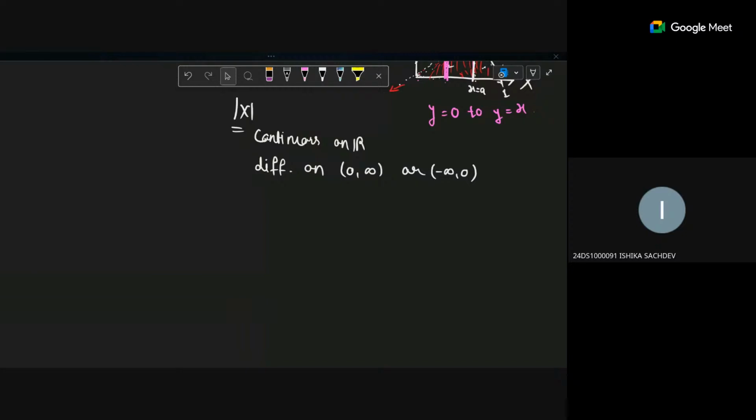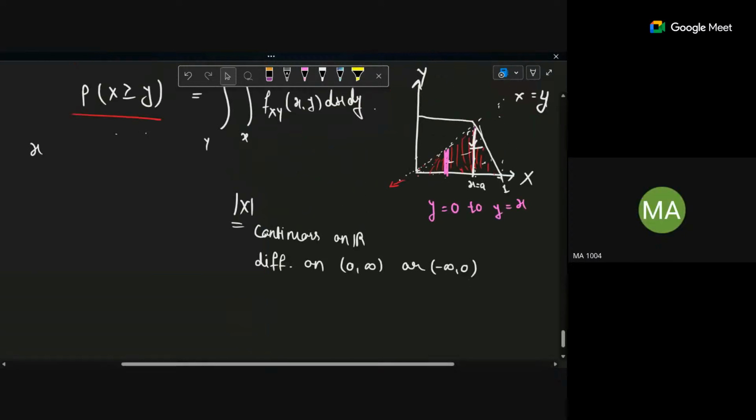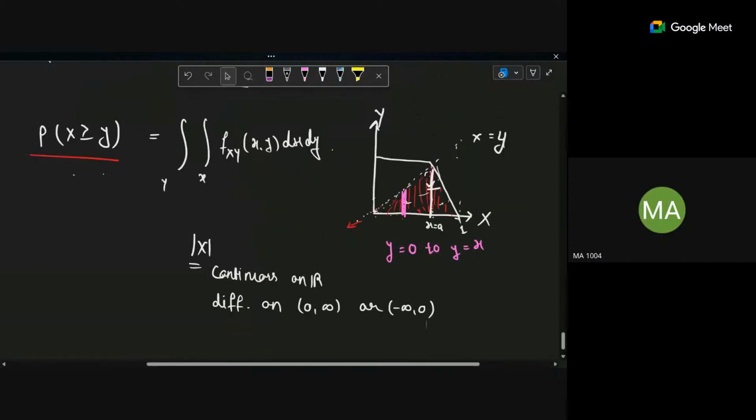Ma'am, please show the graph once. Ma'am, you said that we have to double integrate with the range of x. With the range of x? See, when it's a double integration, then you have to integrate for the range of x and the range of y both.